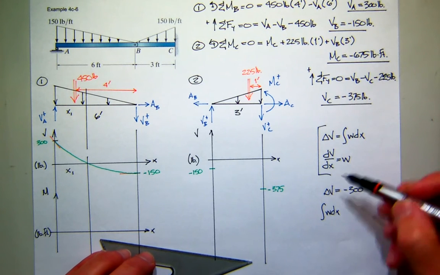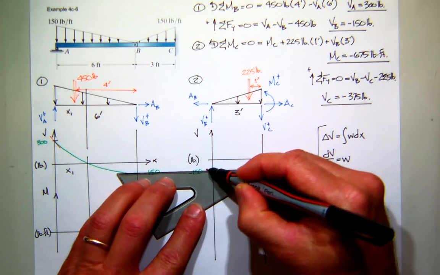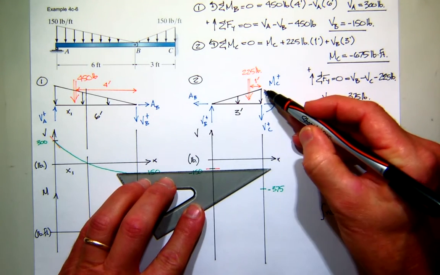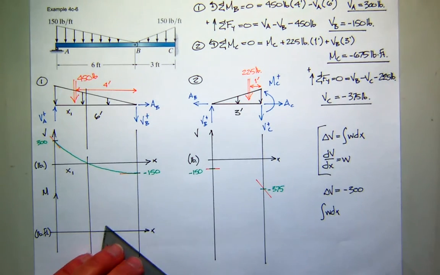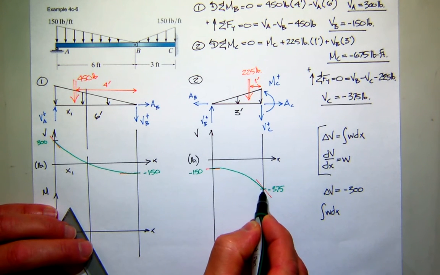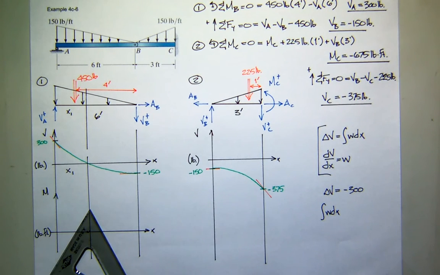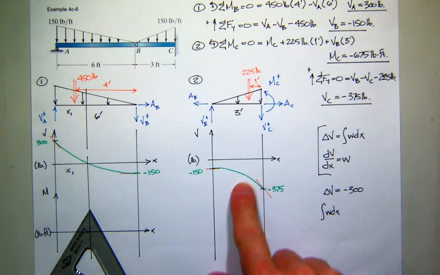Well, it's given by the load. The load starts off at 0 and becomes a larger negative value. So you get a shape that looks like this. Now, believe it or not, this is an easier one to find the area under the curve.